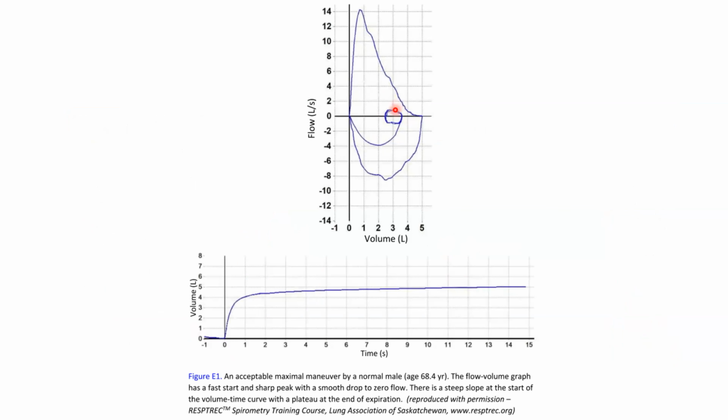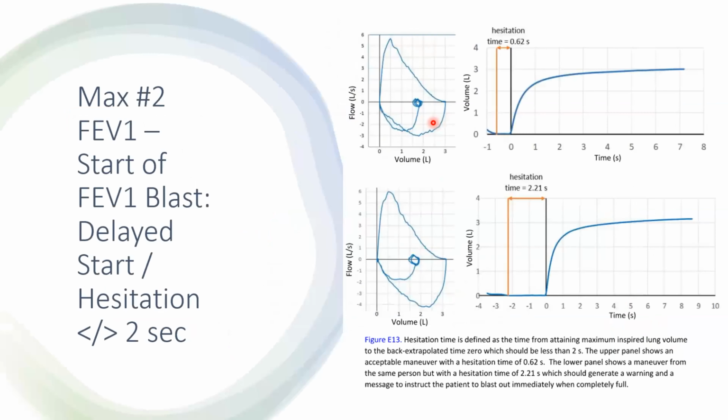Ideally, you're going to see them taking their tidal volumes, take a deep breath in, blast it out. Okay. So we're looking at both. Here we're looking at the delayed start, a hesitation of 2 seconds, more or less. This particular graph comes down here, and it has 0.62 seconds of time between being at TLC and starting that exhalation, that blast out.